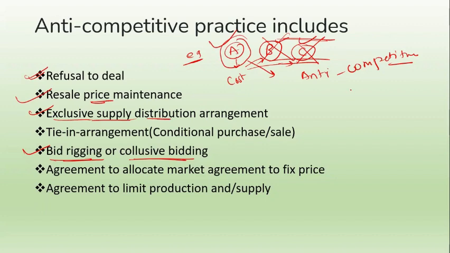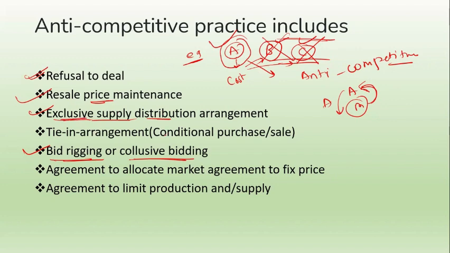Exclusive supply distribution means there is a manufacturer who deals with A, and the manufacturer supplies goods only and only to A, and A purchases goods only from the manufacturer. So this is an exclusive supply distribution arrangement.